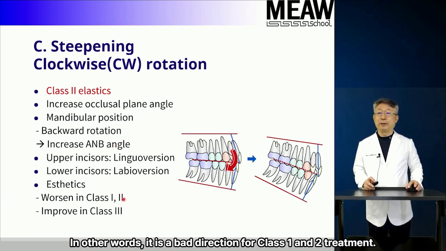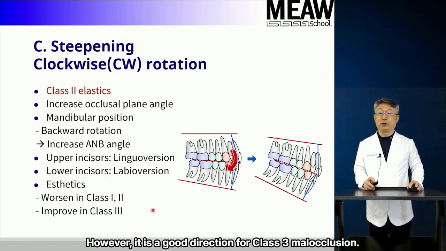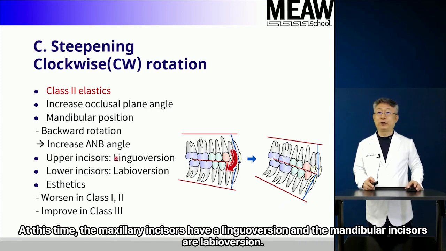In other words, it is a bad direction for class 1 and 2 treatment. In class 2 treatment, it is good that the mandible comes out forward, but it is not desirable to move backward. However, it is a good direction for class 3 malocclusion. At this time, the maxillary incisors have a linguversion and the mandibular incisors are labioversion.